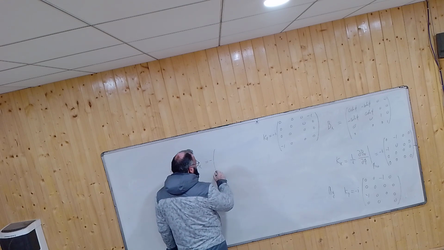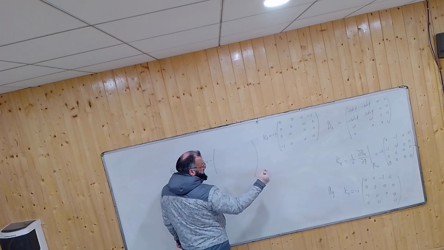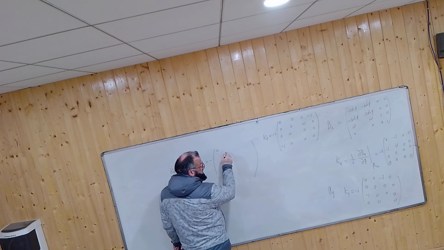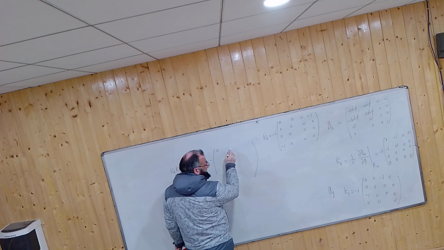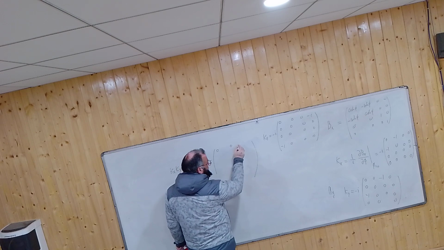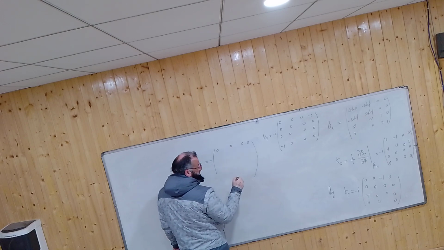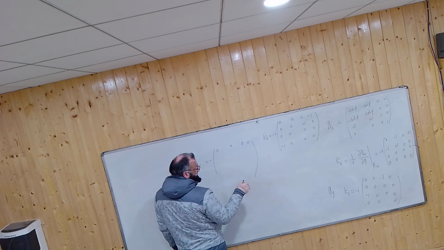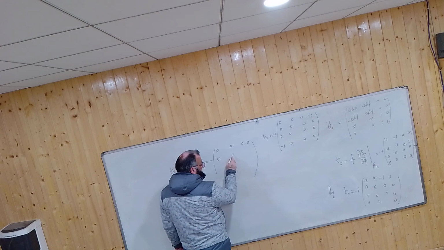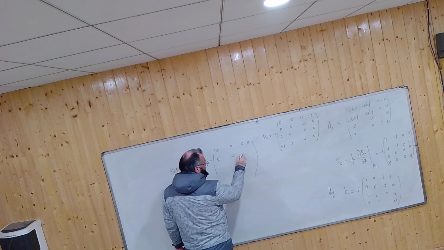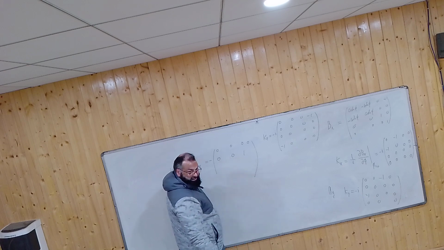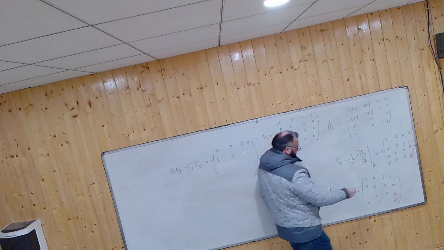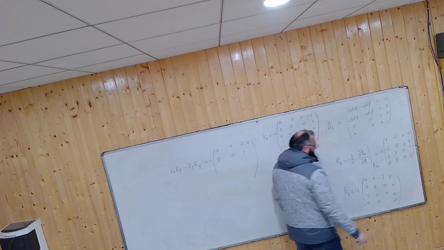Okay? Then what will you get? First element is 0, second element is 0, then 0, then 0. Now let's take another element. Now 0 and 1. No, you have minus 1 and you have minus 1 here. Clear?